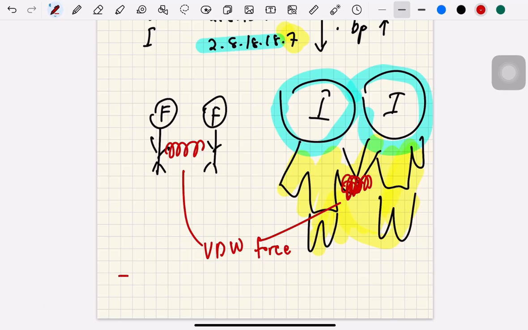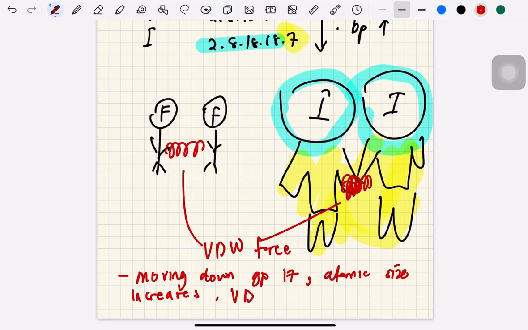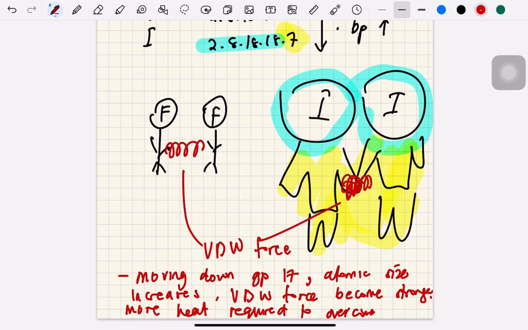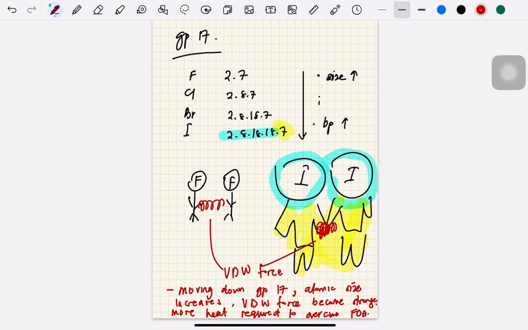You can see, moving down group 17, atomic size increases, so the van der Waals force, please write in full in your exam, becomes stronger. And if it is strong, meaning more heat is required to overcome the force of attraction. Alright, that's it about melting and boiling point.